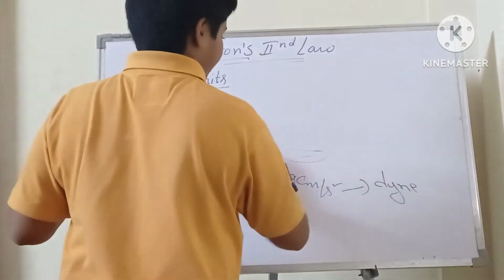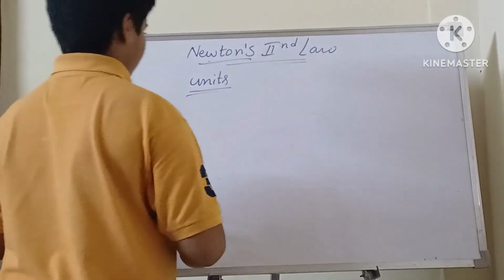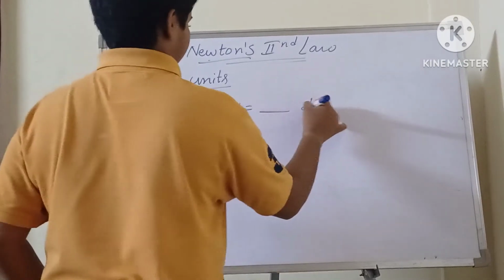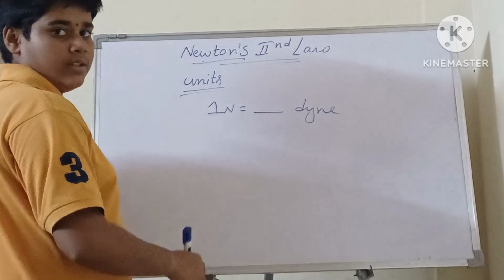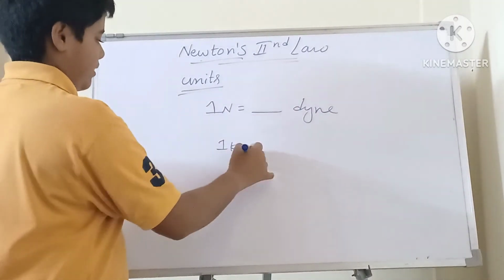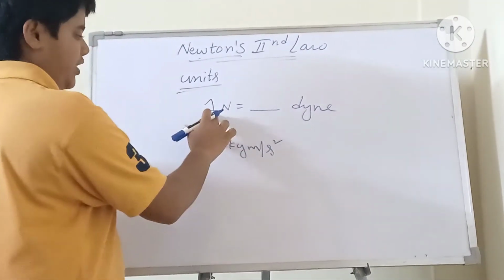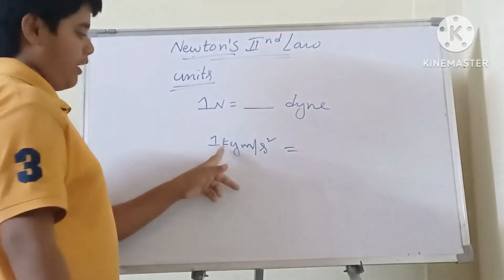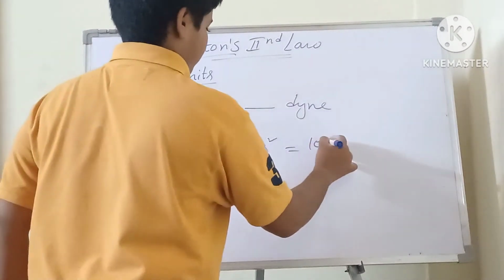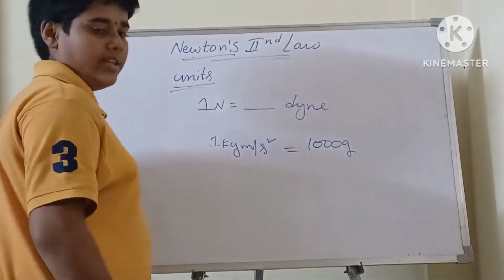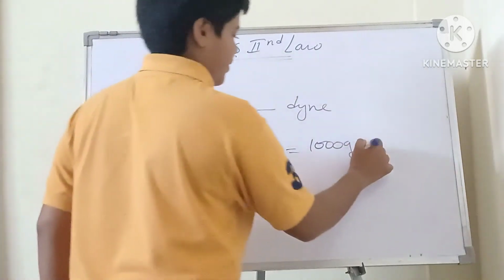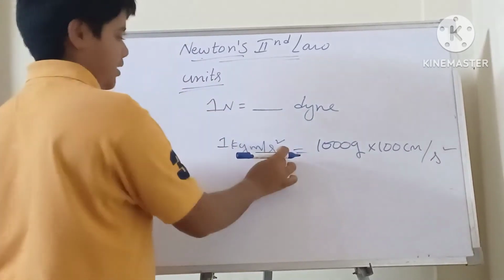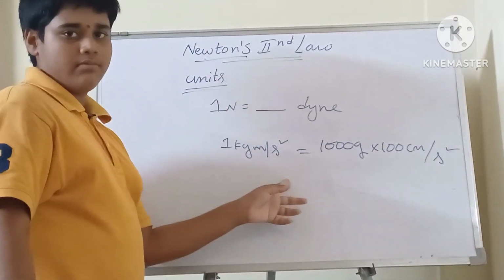So the relation between Newton and dyne: 1 Newton is equal to how many dyne. Here 1 Newton means 1 kg meter per second square. Here 1 kg means 1000 grams, and 1 meter means 100 centimeter per second square. Seconds square are equal, no change.